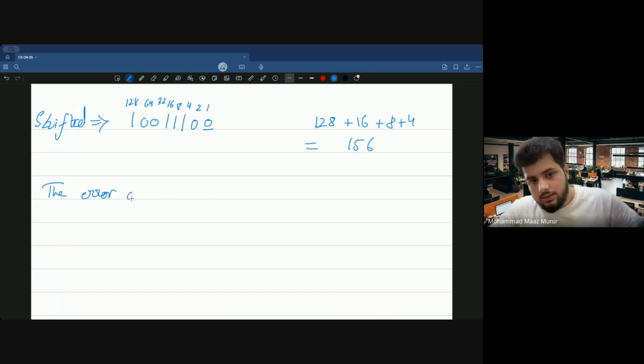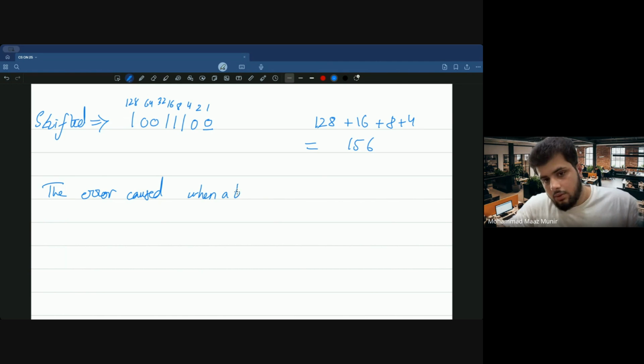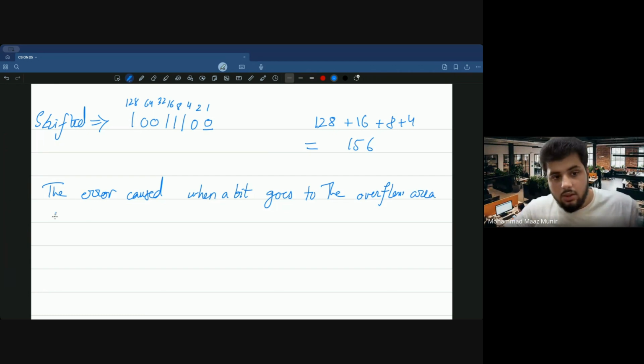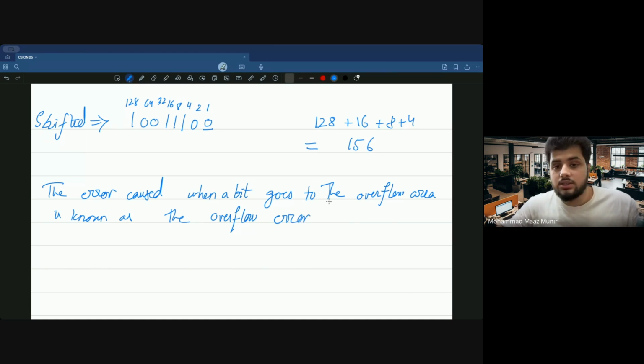The error caused when a bit goes to the overflow area is known as the overflow error. It's important you guys know overflow error. This can be a question. They can ask you about this. It's really something you should know.